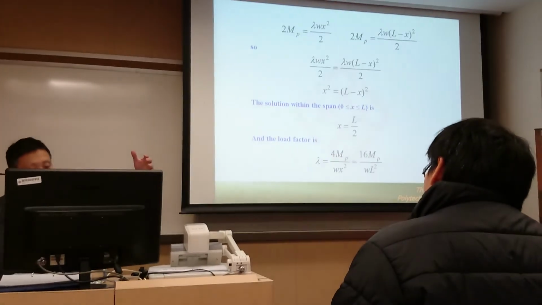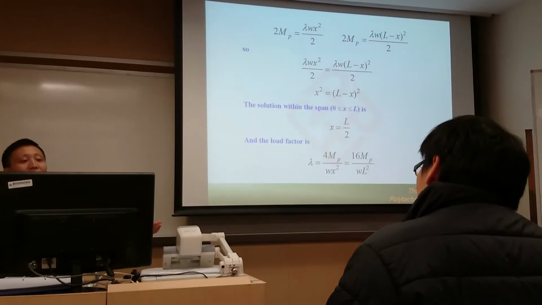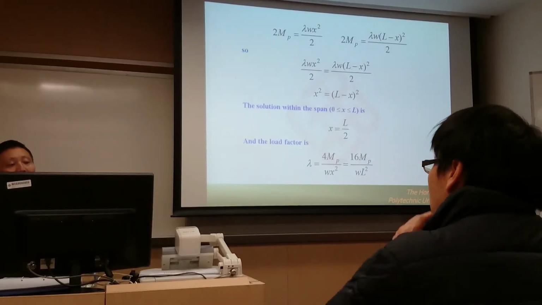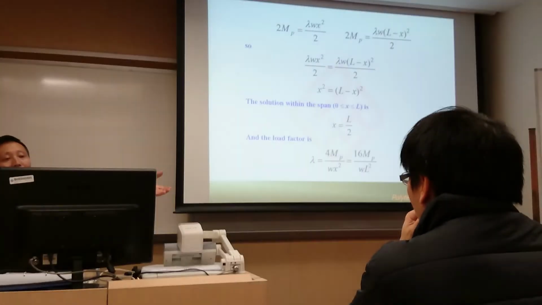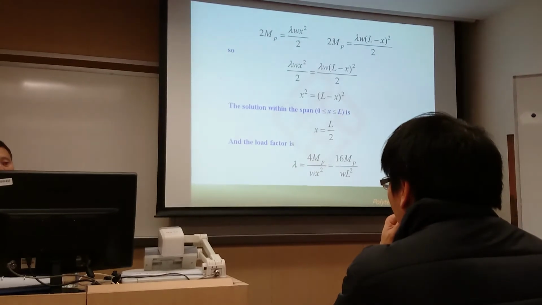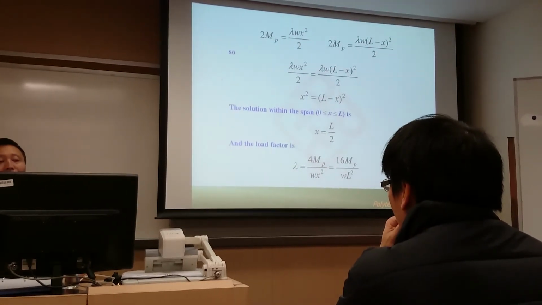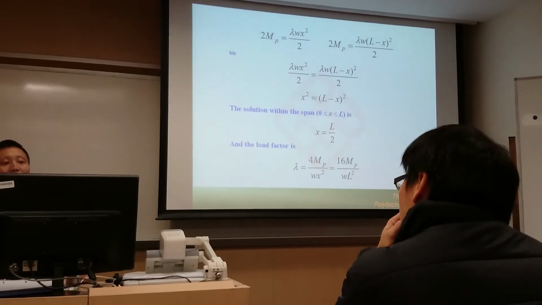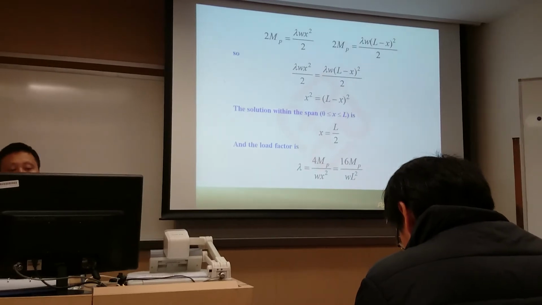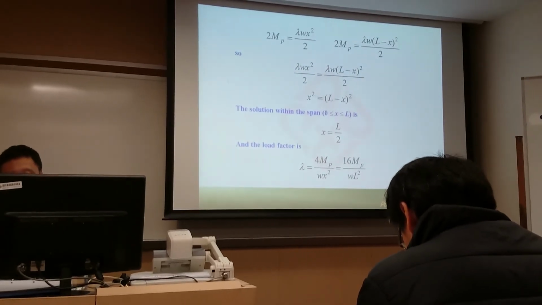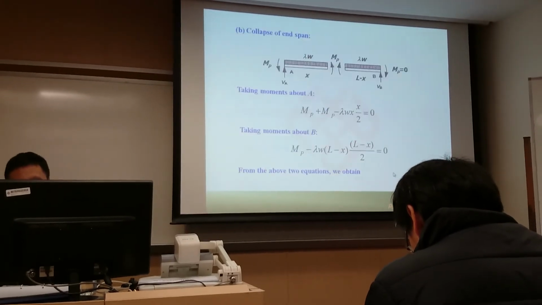If the plastic modulus for design is larger than the required plastic modulus, that means the design is okay. Otherwise, you have to increase the cross-section area or cross-section parameters to make sure the calculated plastic modulus from your design is larger than or equal to the required plastic modulus. That's all. So this is design, okay? But this subject is about analysis, not about design, so I didn't involve the design issue.